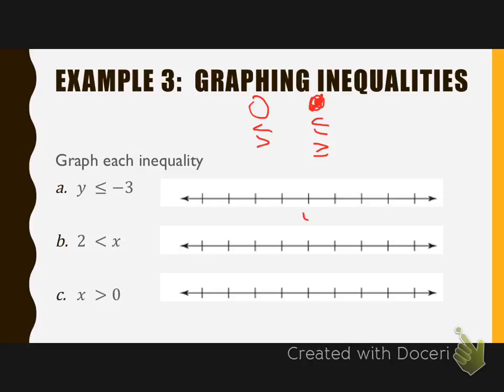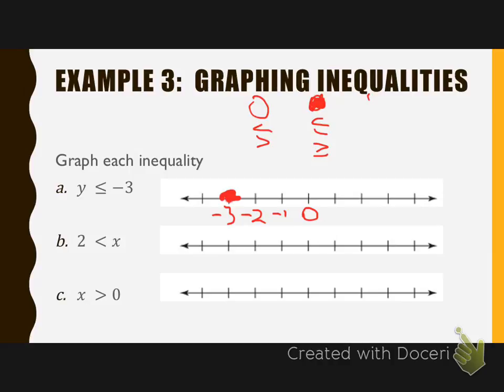So let's just say this is 0, 1, 2, negative 1, negative 2, negative 3. So it's going to go right there. And it is, like I said, a closed circle. Now we've got to figure out which way the arrow is going to go.